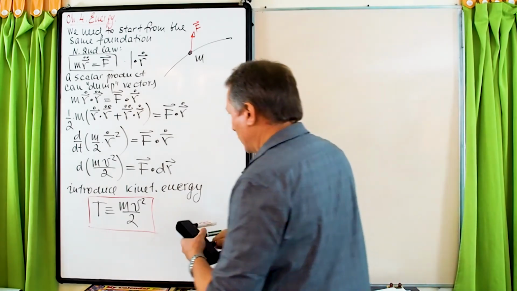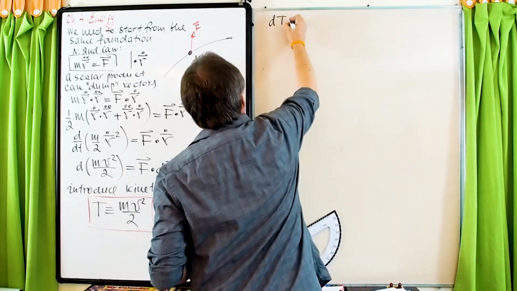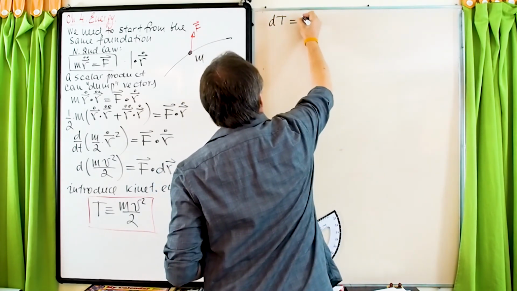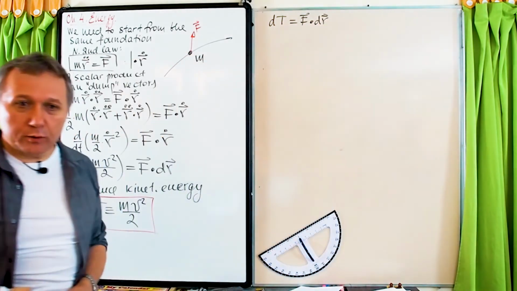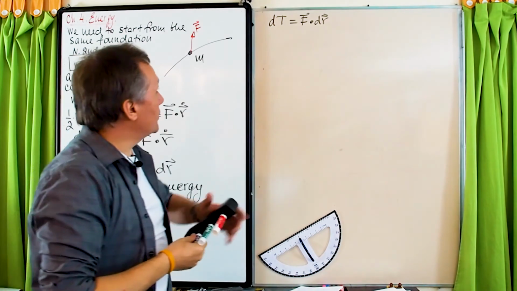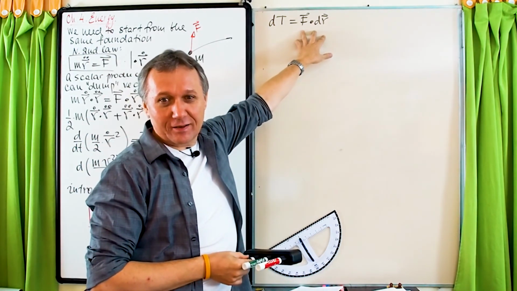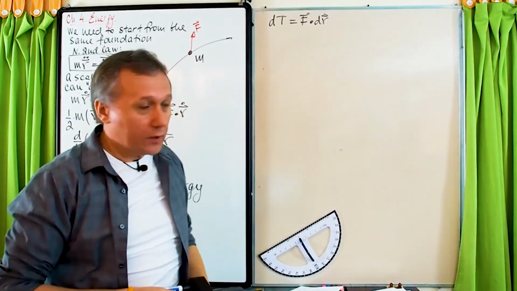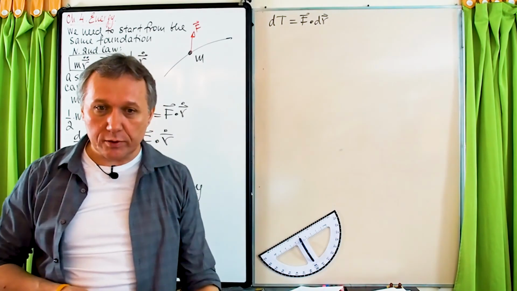So what's left over here, of course, is dT equals F dot dr. So it looks like kinetic energy changes when this happens: F dotted with dr. And again, it's something which we've never seen before. It looks like it will be crucial in our description.